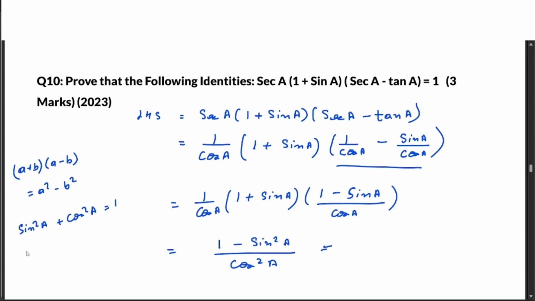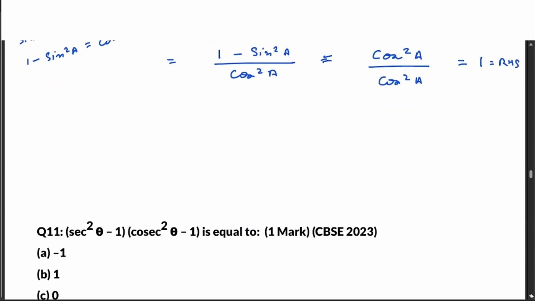Based on that, 1 minus sin square A is equal to cos square A. So we can substitute the value here: cos square A over cos square A, so both will cancel. You will get 1, which is equal to your RHS. Hope it's clear. Very easy. So always remember the identities and how you can utilize them.